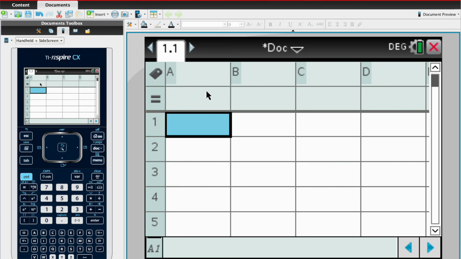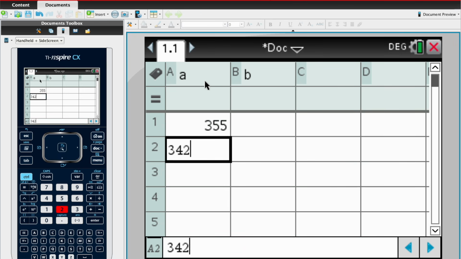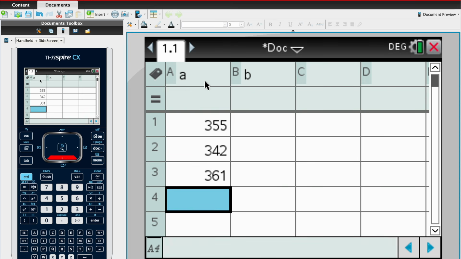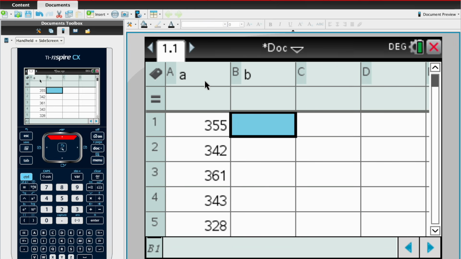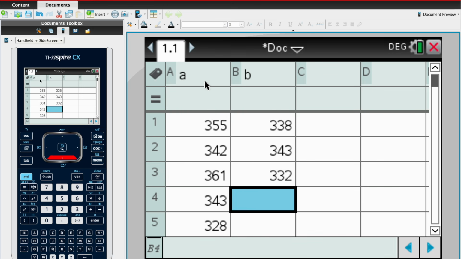So here we are. Set up a column of A and B, and then we'll put the values in for each. So this is machine A first. 42, 361, 343, and so on. 364, and I'm going to put the others in right here. 343, 332, 358, and so on.